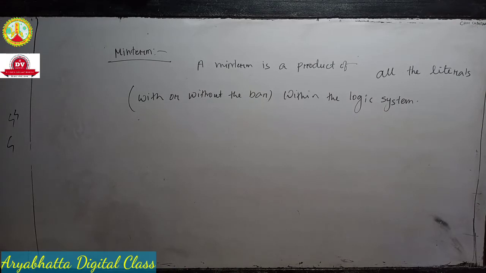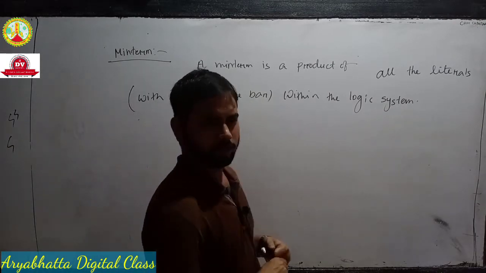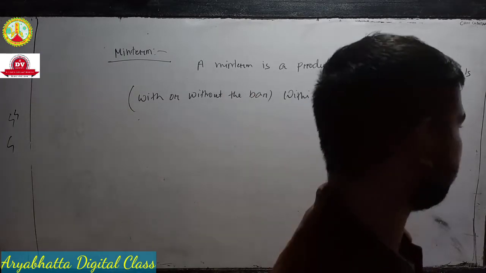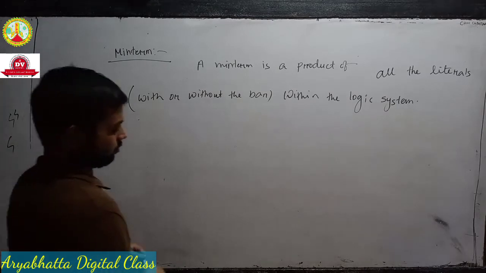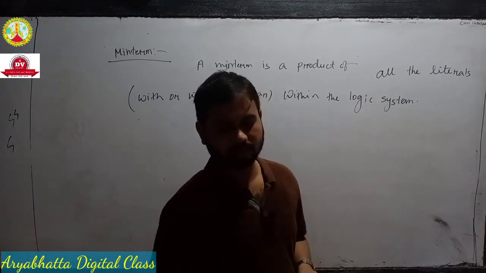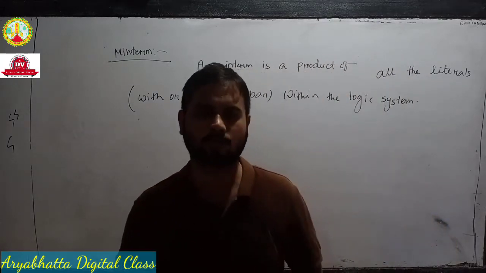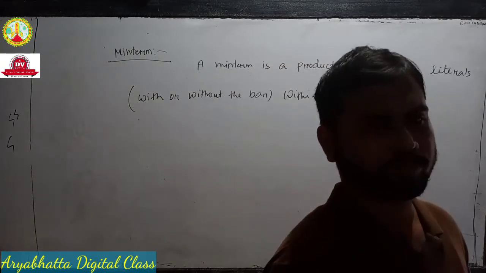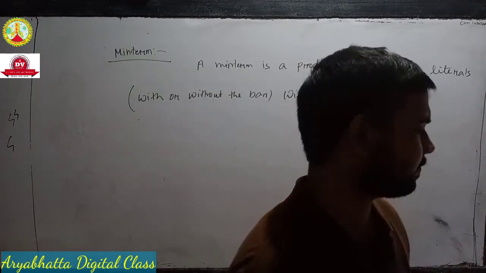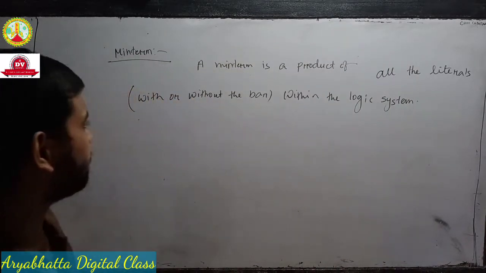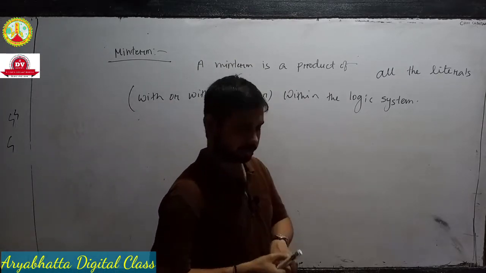Now you see some rules, or steps, to find a minterm. Generally a minterm is a product of all the literals and a maxterm is a sum of all the literals, that is, product of sums or sum of products. You will get this in canonical expressions, SOP or POS. So a minterm is a product of all the literals with or without the bar within the logic system.